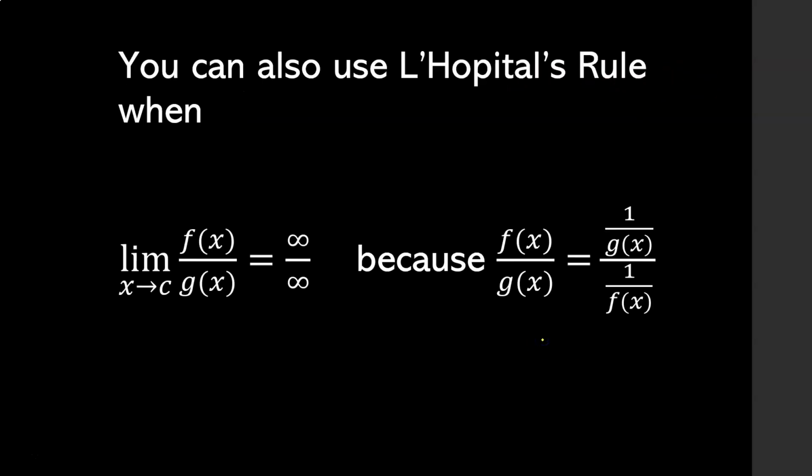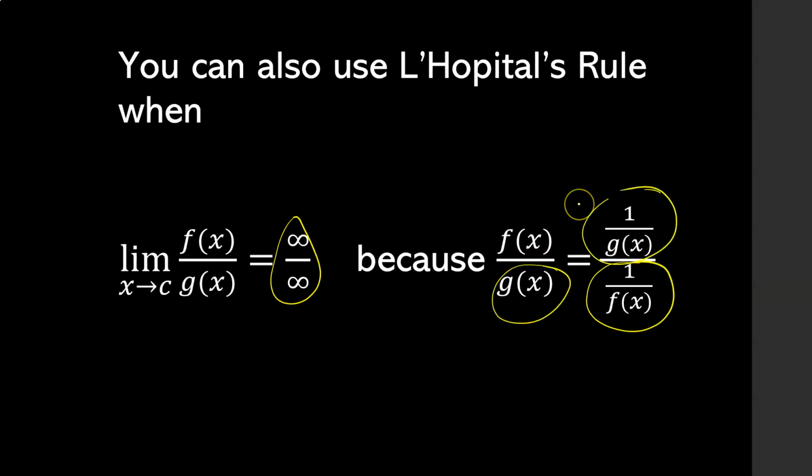Now, 0 and infinity, I think, couldn't be farther apart in terms of ideas, but if you have the form 0 over 0 or infinity over infinity, you can use L'Hopital's rule for both of those because, well, simple algebra, f in the numerator can be 1 over f in a denominator, and g in the denominator can be 1 over g in the numerator.